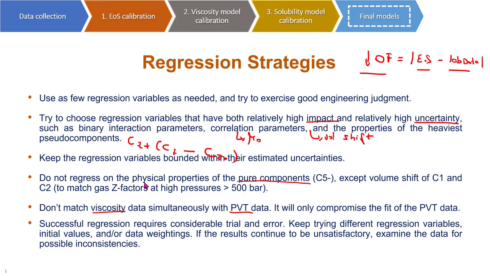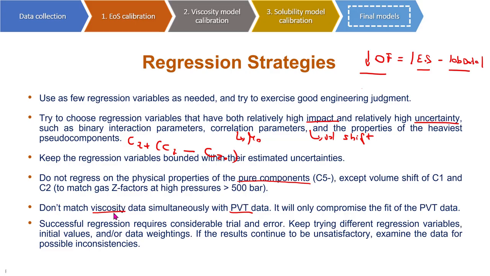Please don't use methane or C2, C3 components, because in this case we know the properties of these components. There is no uncertainty, or the uncertainty is much lower than, for example, with the heaviest pseudo component. So I don't recommend you use those pure components in your strategy.